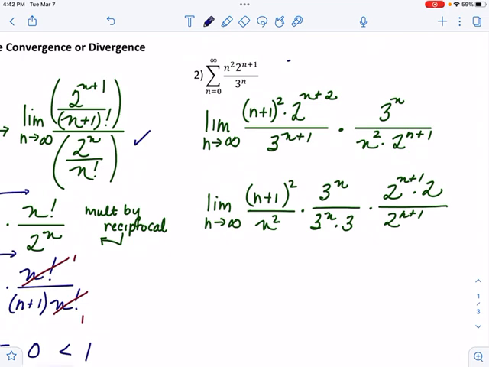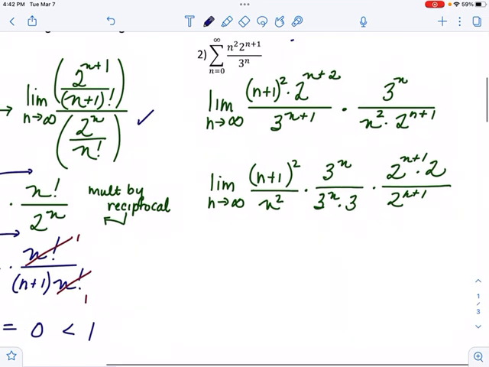I've got that, and I multiply by the reciprocal. Now I'm moving all the n plus 1s as squares over top of each other. Then I've got the 3 to the n, and 3 to the n times 3, because 3 to the n plus 1. And then I've got the 2 to the n plus 1 with the 2 to the n plus 1.